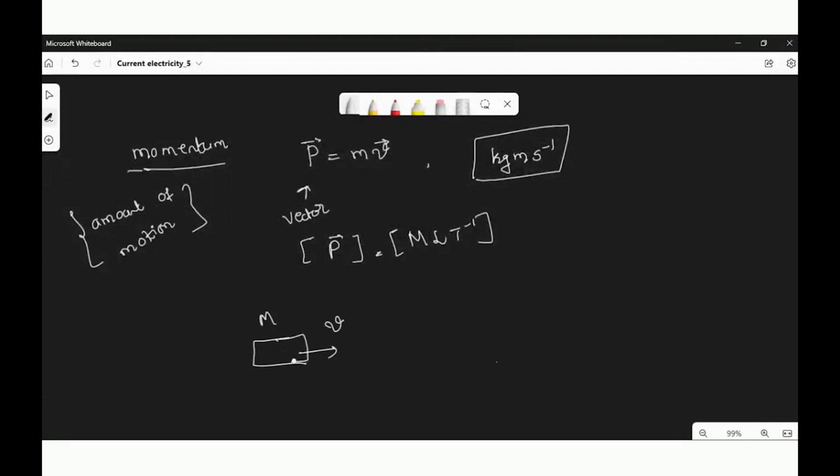Now let us say there is another, some cycle or bike, with a mass small m. This is also moving with the same speed v. Out of capital M and small m, which is going to be more?